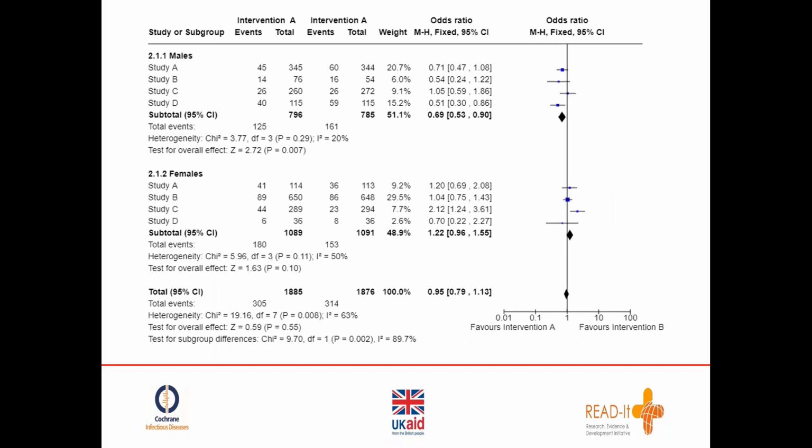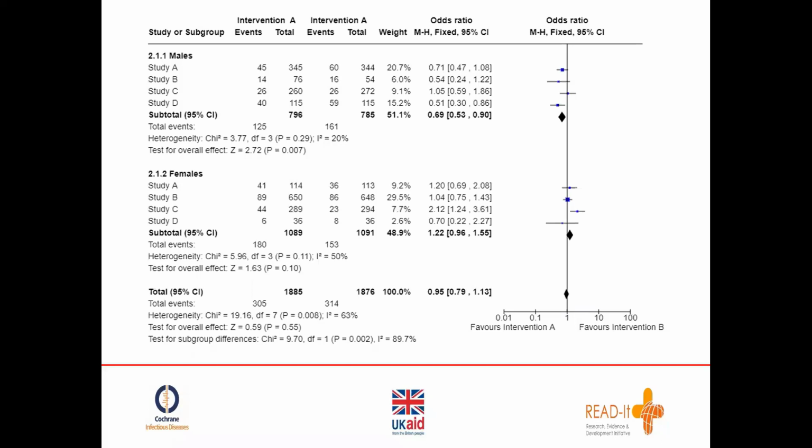So this is an example of a theoretical subgroup analysis, which has been performed by patient characteristic, which in this case is gender. For this particular example, data are available from each study for males and females separately, so the same trials are included in both subgroups. So we have study A to D in both subgroups.